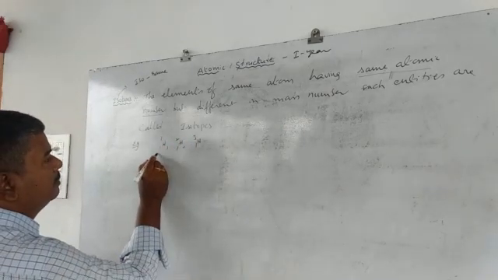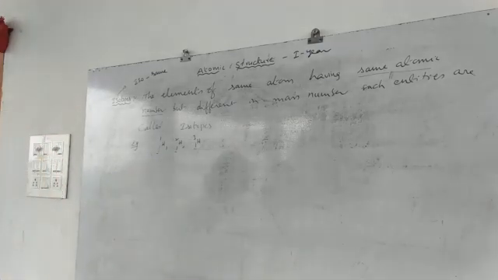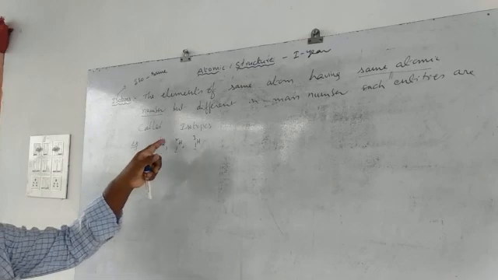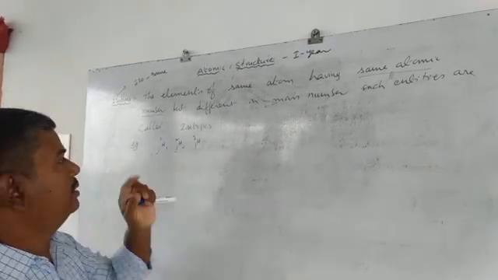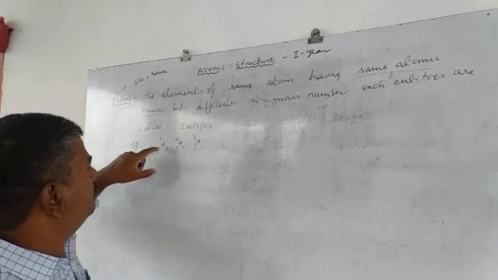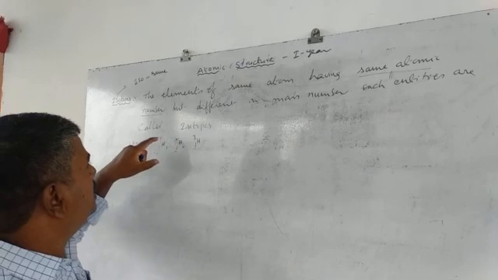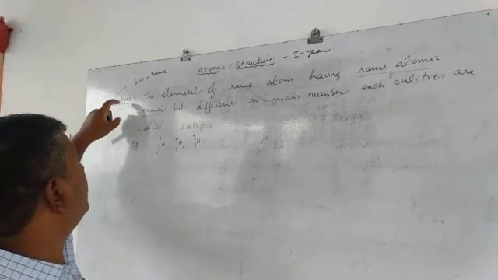Observe here, all have the same atomic numbers. But what happened? The mass numbers are different. So if elements have the same atomic number and different mass numbers, such species are called which one?